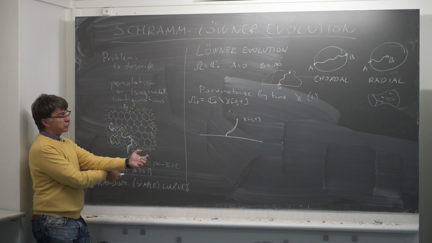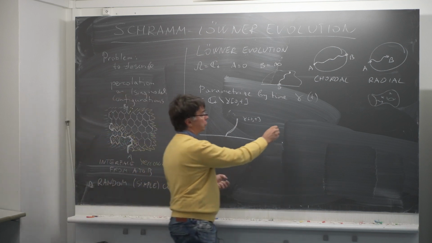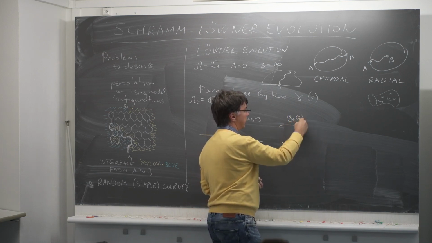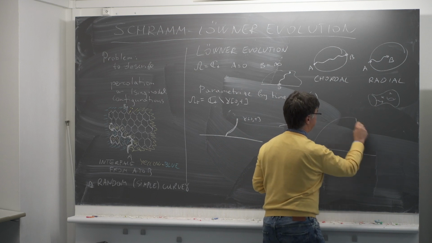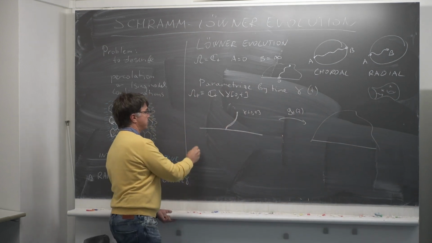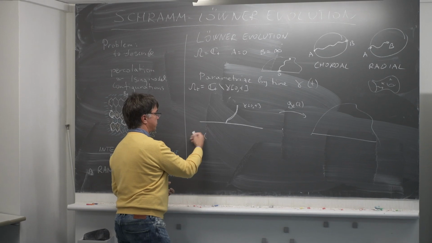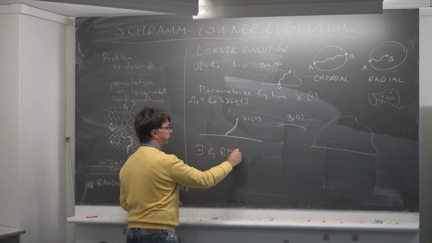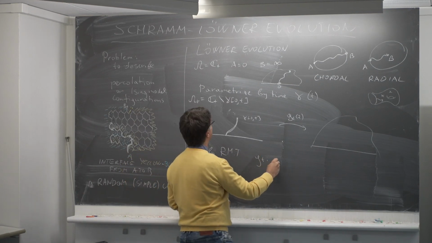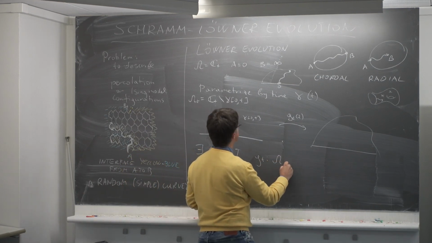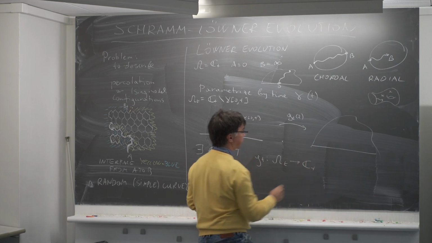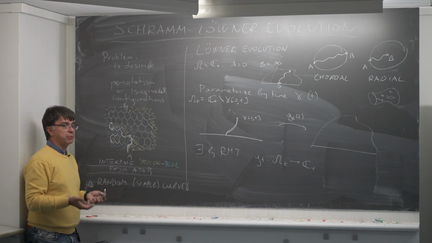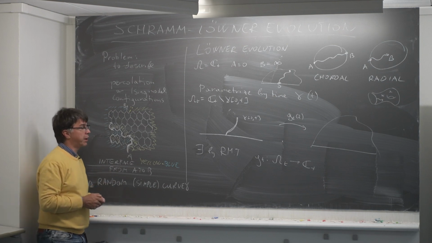And one way to describe this domain is just to write a map, let's denote it g_t of z, which maps it to the half plane. So by the Riemann mapping theorem there exists a map g_t which sends omega t to the upper half plane. Even more so, there are 3 parameters to fix, so we now have to fix 3 parameters.